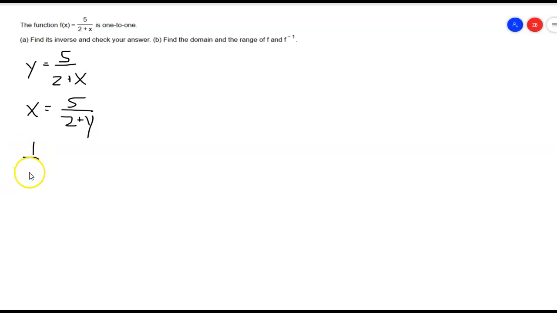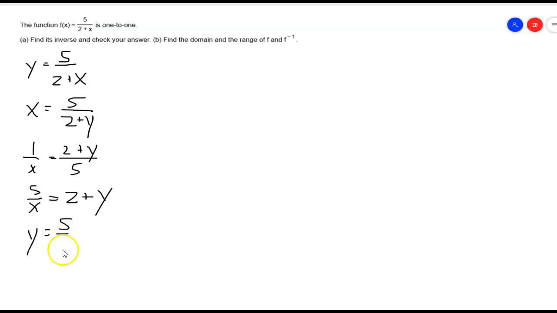So I get 1 over x equals 2 plus y over 5. That's a nice property you may not have seen before. Now I can multiply both sides by 5, so I get 5 over x equals 2 plus y, as the 5's cancel out. Finally I subtract 2 from both sides and I get y equals 5 over x minus 2.